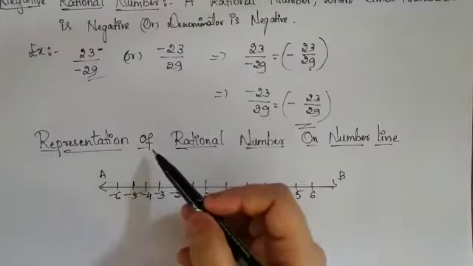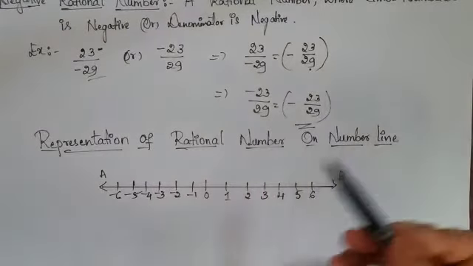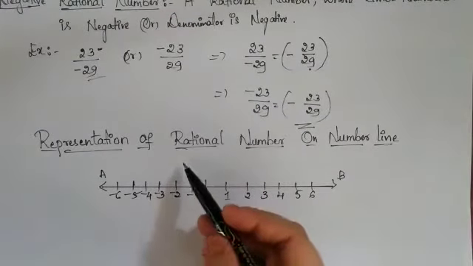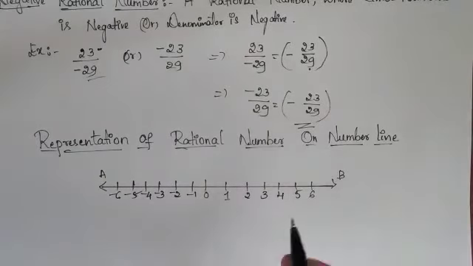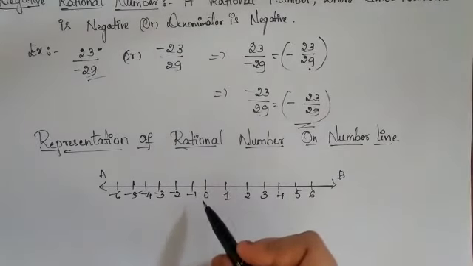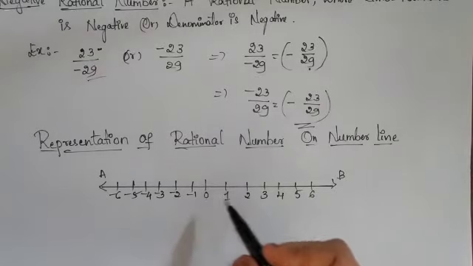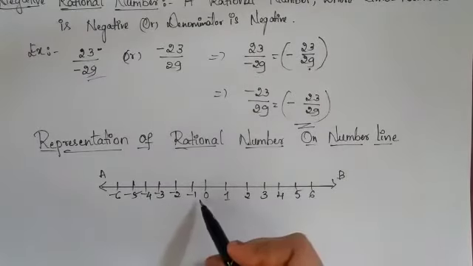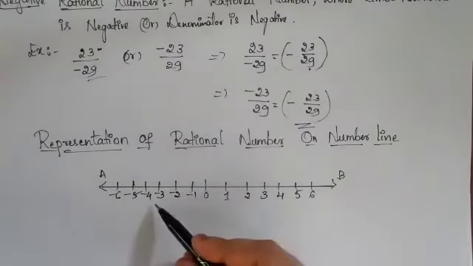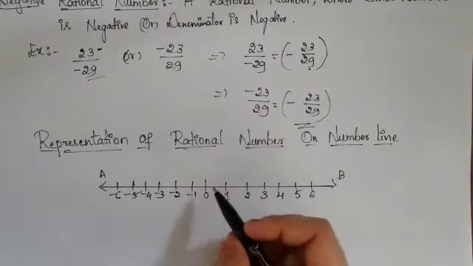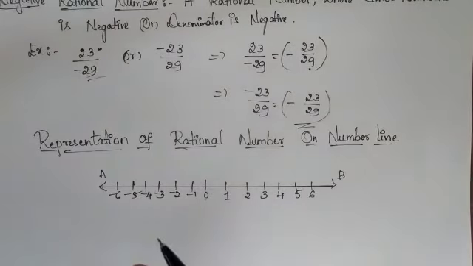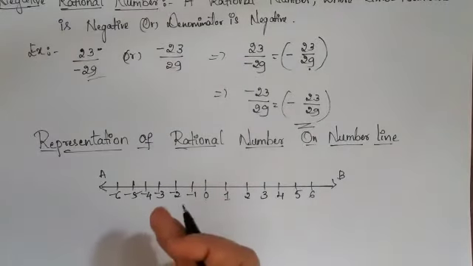Representation of a rational number on the number line. Integers contain both whole numbers as well as negative numbers.